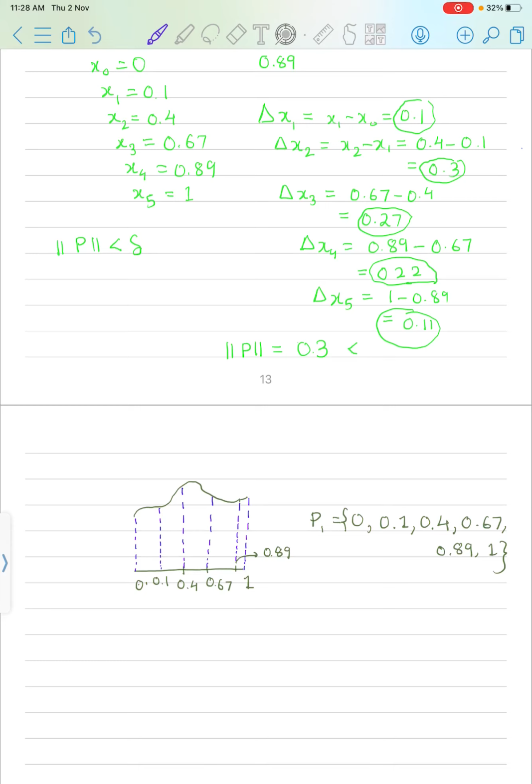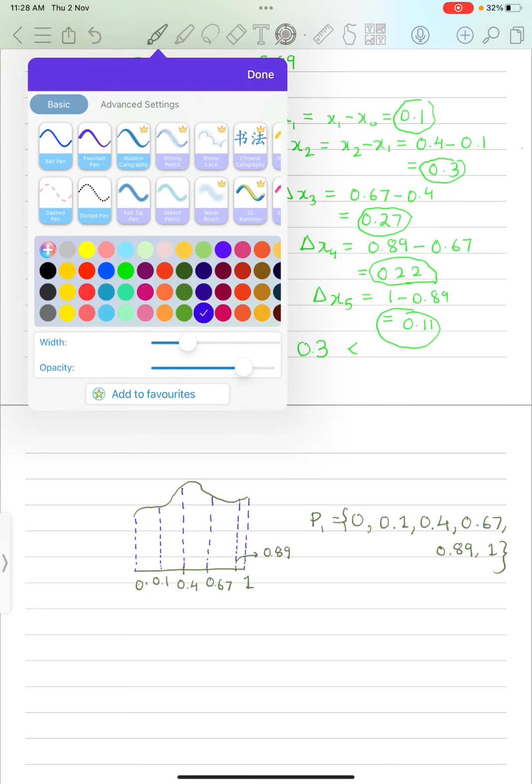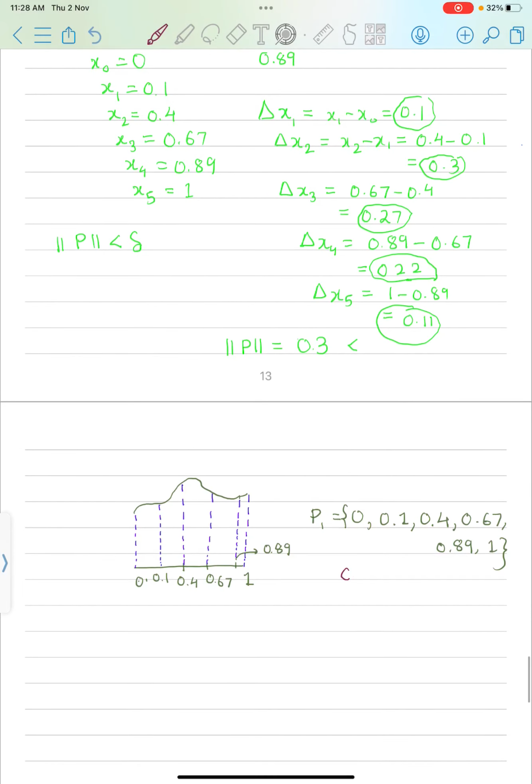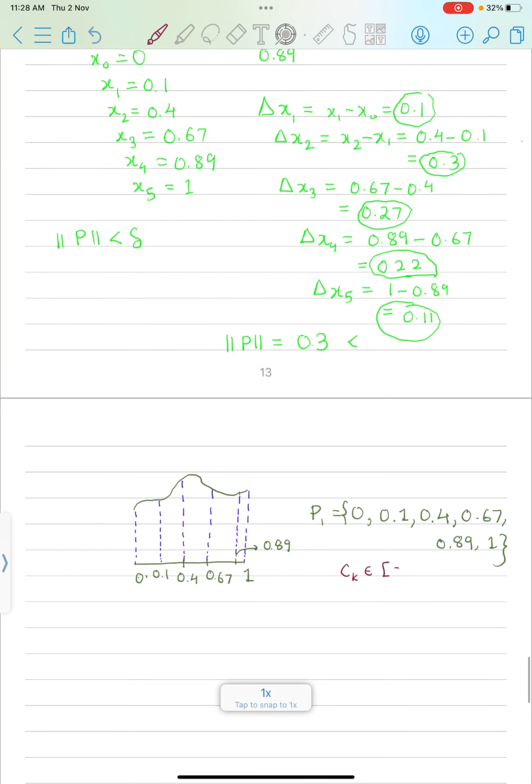These are the partitions. I'm telling you that the condition says you are allowed to take any ck between xk minus 1 and xk.